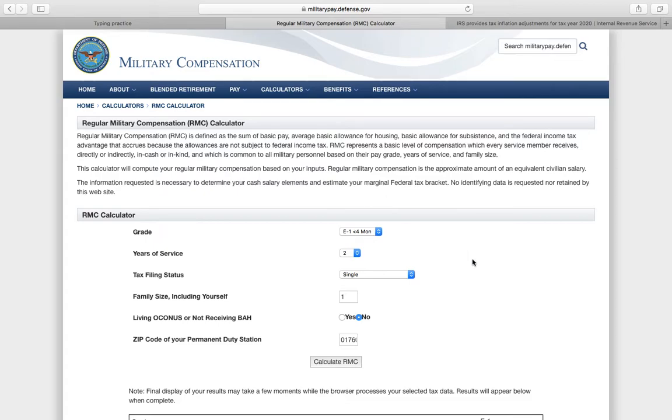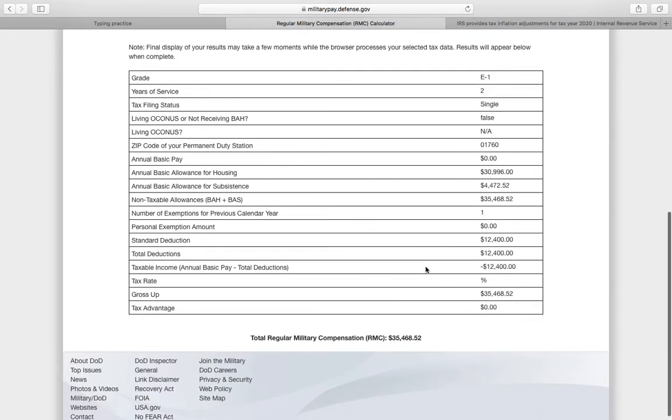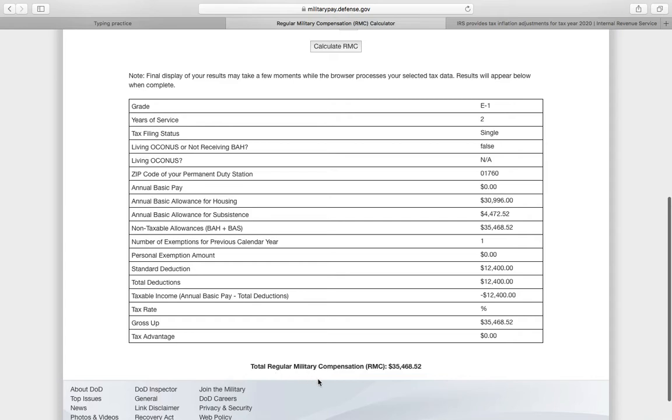As you start making more and more money, which I'm not going to say I'm a rich dude, I can see taxes becoming a hindrance further on. So with this calculator, they have some basic stuff that you can put in, and down below they'll show you your total regular compensation.